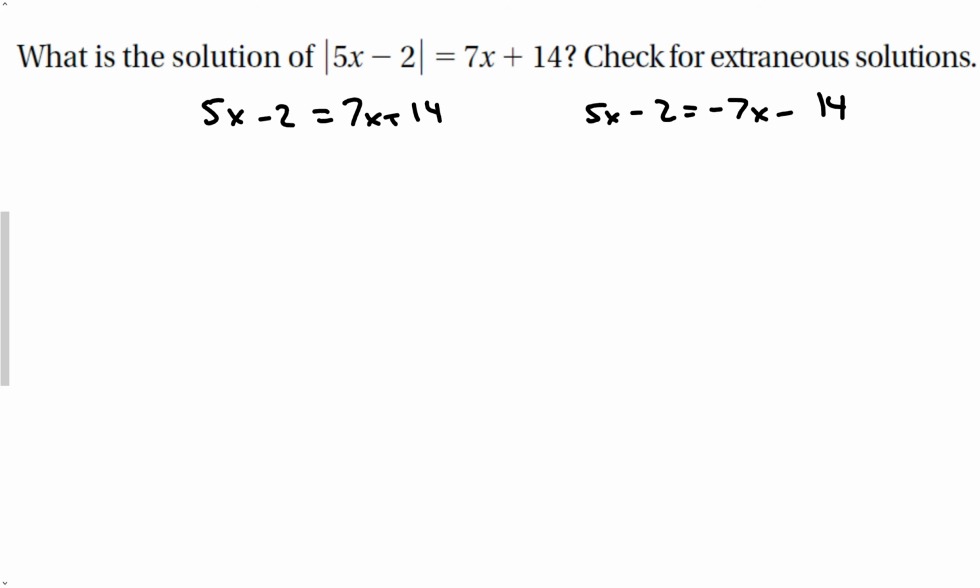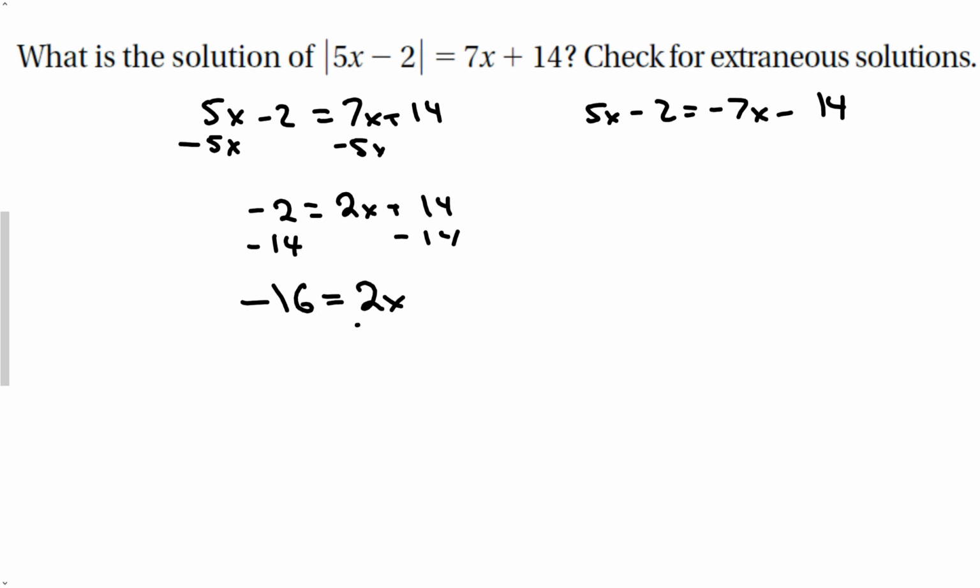I'm just going to change both of them right away. Okay. Smaller variable to the bigger one keeps the equation a little bit easier. 2x plus 14. Subtract 14 from both sides. That's a negative 16 is equal to 2x. Dividing out the 2 gives me a negative 8 equals x.